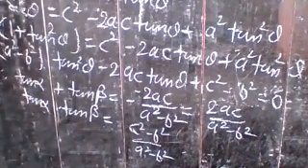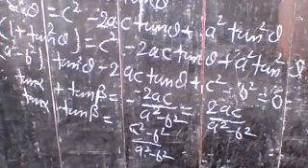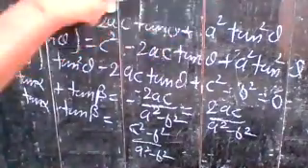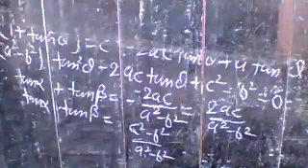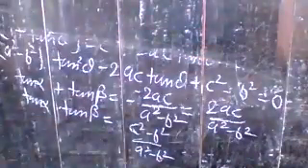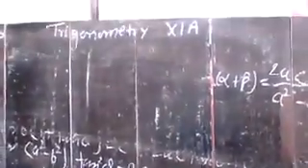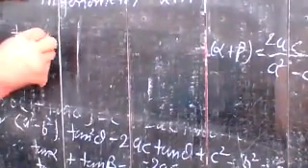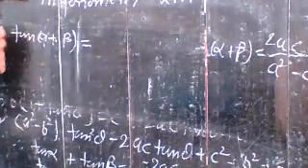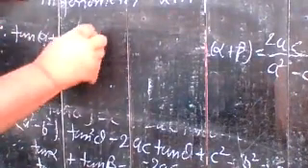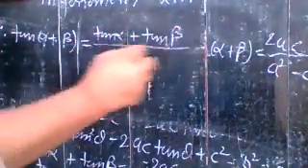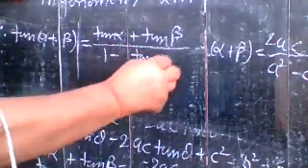Applying it on the left side, tan alpha plus beta is equal to tan alpha plus tan beta upon 1 minus tan alpha tan beta.